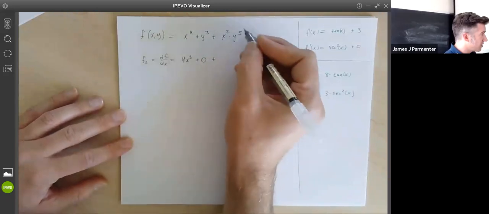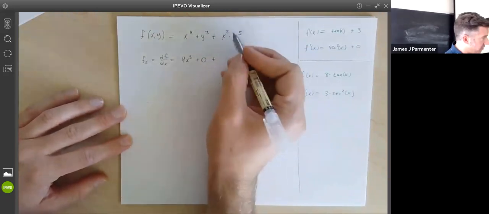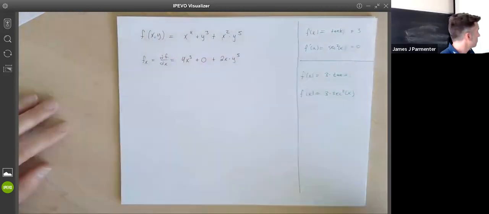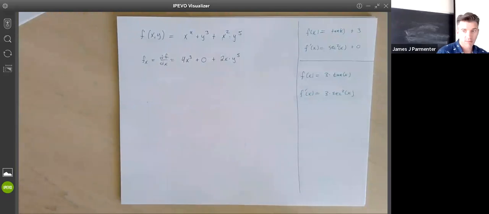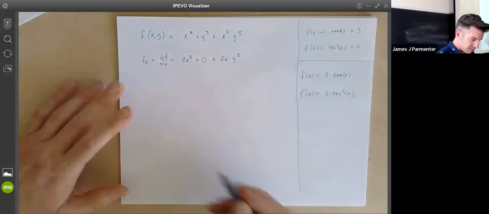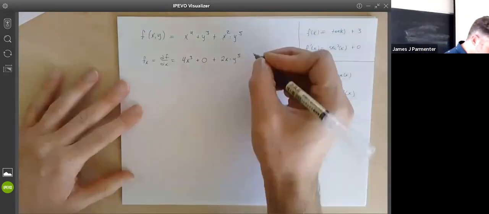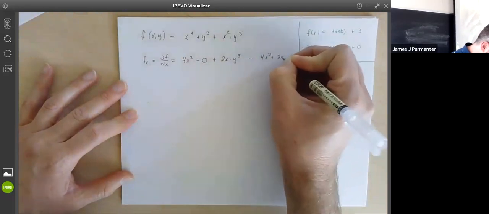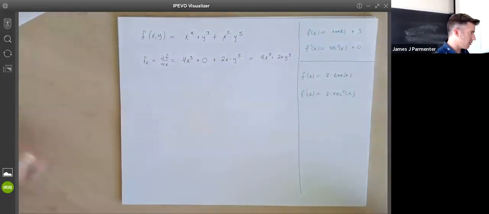So that constant multiple hangs out, and the derivative of x squared is 2x. Definitely interject if you have questions. There's no real need to simplify this, but we could write it as 4x cubed plus 2xy to the fifth. We don't need the 0 there, really.